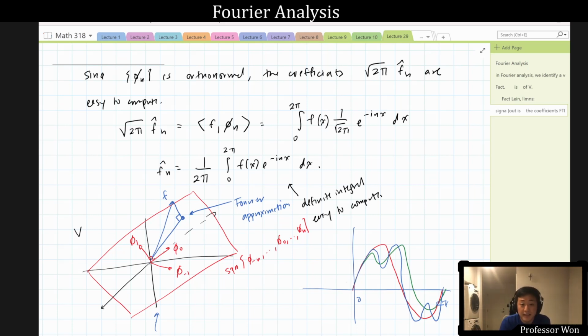And this Fourier basis is an orthonormal basis of this red plane. And that's really why Fourier analysis works so well. It's because we've identified a really nice basis of the space of all continuous functions, so that the functions that we look at in practice are all relatively close to the subspace spanned by the first few of these vectors.